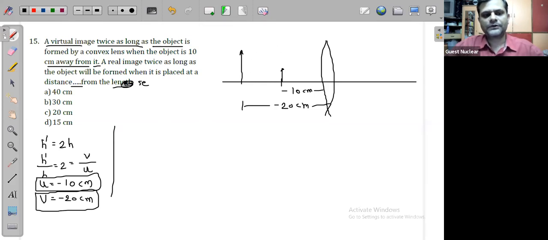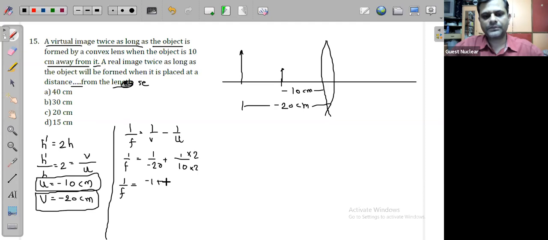Okay, so from this we can get f. 1 upon f is going to be 1 upon v minus 1 upon u, so we just put in these values of v and u. So 1 upon -20 minus of minus plus 1 upon 10, so that we can solve this and get 1 upon f is equal to... multiply and divide by 2, so that we get -1 plus 2 in the numerator and 20 in the denominator.